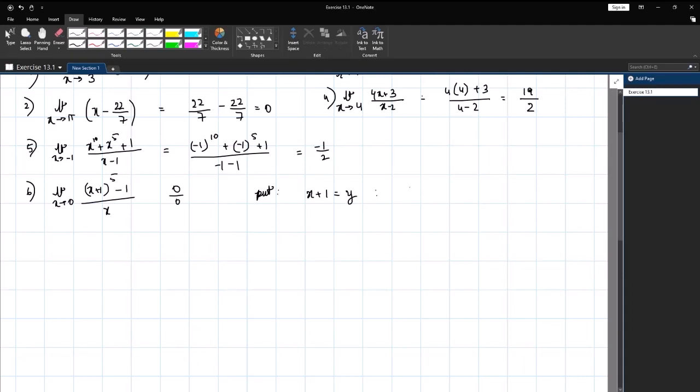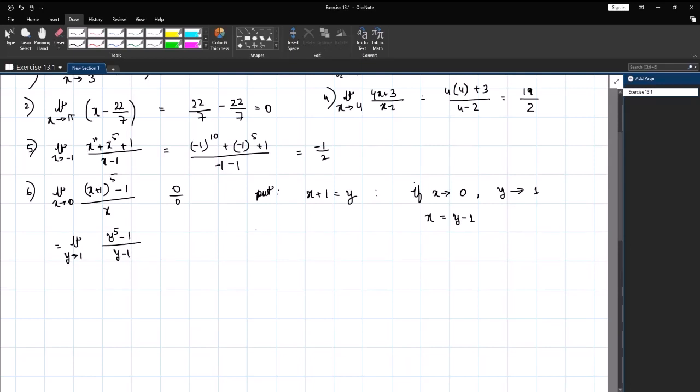This means that if x is tending to 0, y will be tending to 1. Okay, and the value of x is nothing but x is equal to y minus 1. We put this limit y tends to 1, y to the power of 5 minus 1 divided by y minus 1.